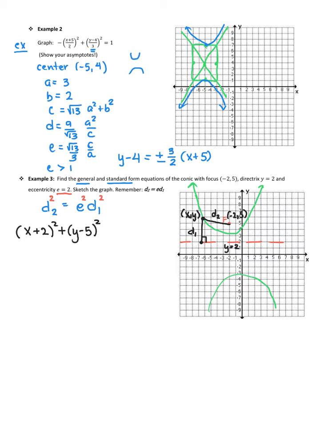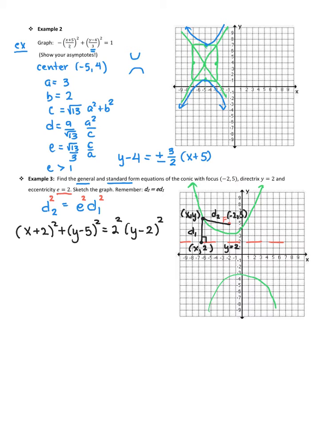And remember, the point here is going to have the same x because we dropped perpendicularly. The y-coordinate will always be 2. So when I go to plug this in, my eccentricity they told me is 2, so this will become 2 squared. And d1 squared, well, x minus x is going to be 0, so I don't even need to write it. I'm just going to write y minus 2 squared, because the x minus x will just go away.